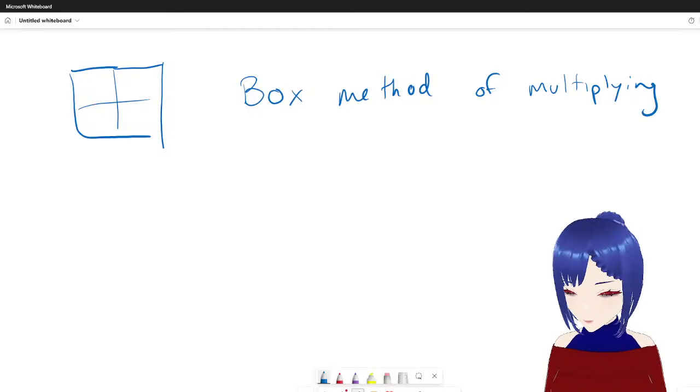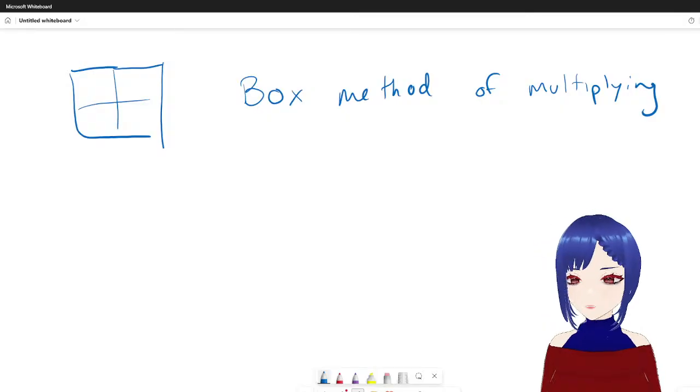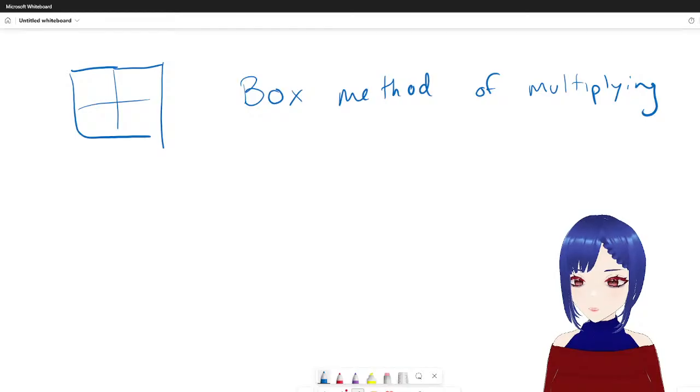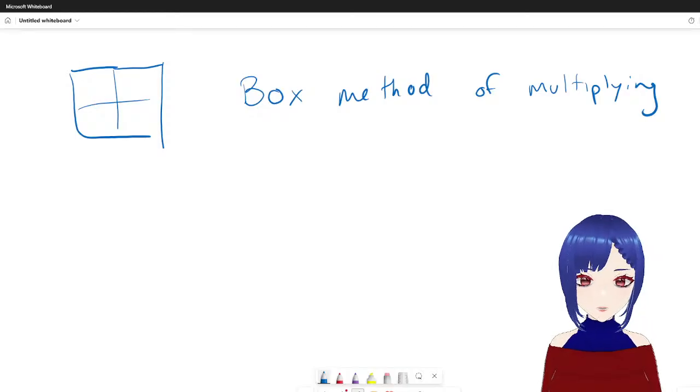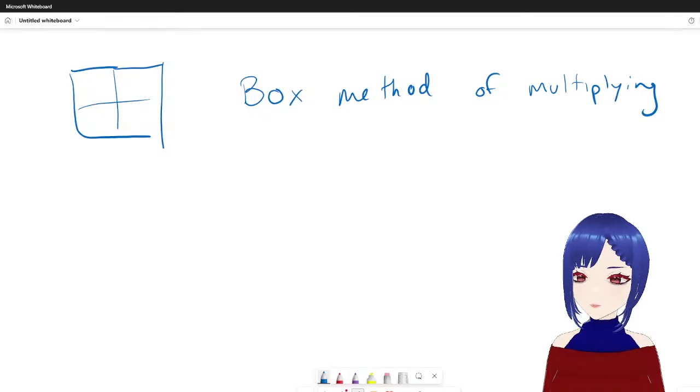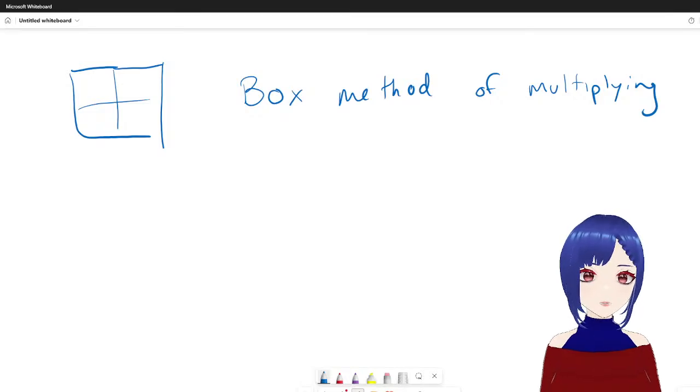Something that I really like about math is when we can apply it more than once.